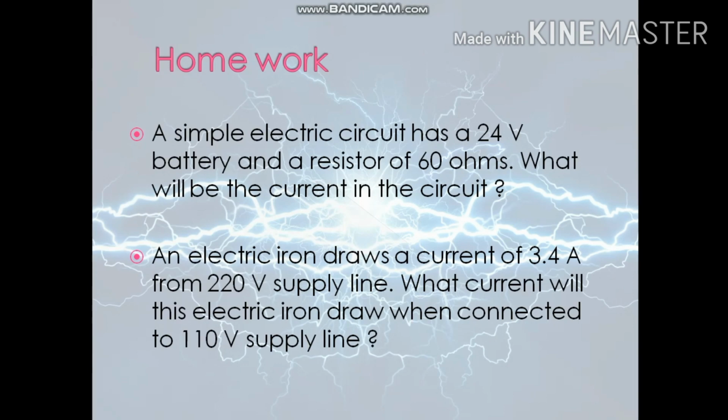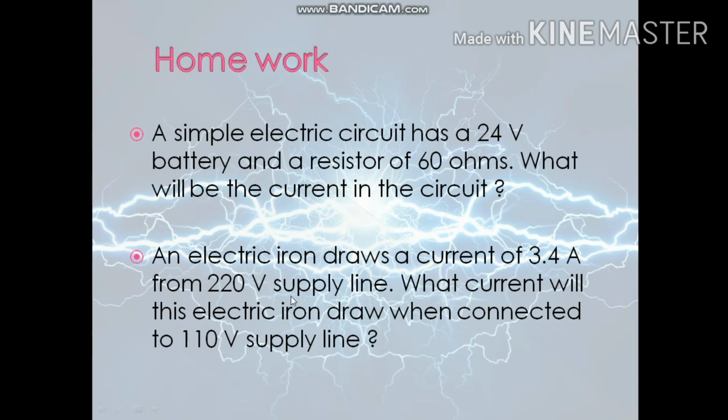The next one is that an electric iron draws a current of 3.4 ampere from a 220 volt supply line. Here current is given as 3.4 ampere and potential difference as 220 volt. From this information we can calculate the resistance of the electric iron. Current I = 3.4 ampere and potential difference V = 220 volt.